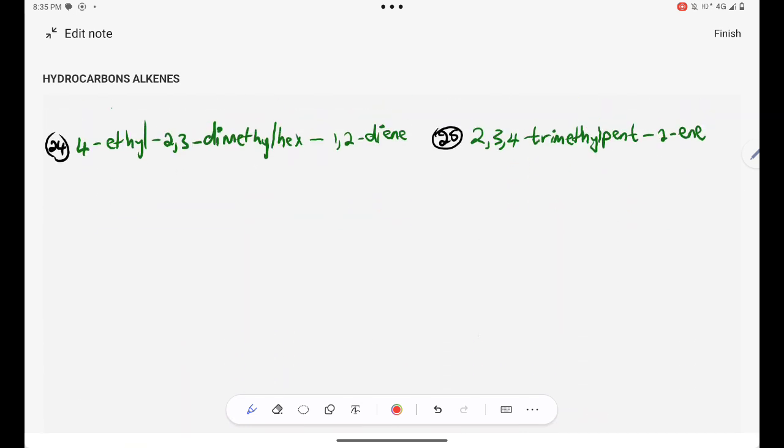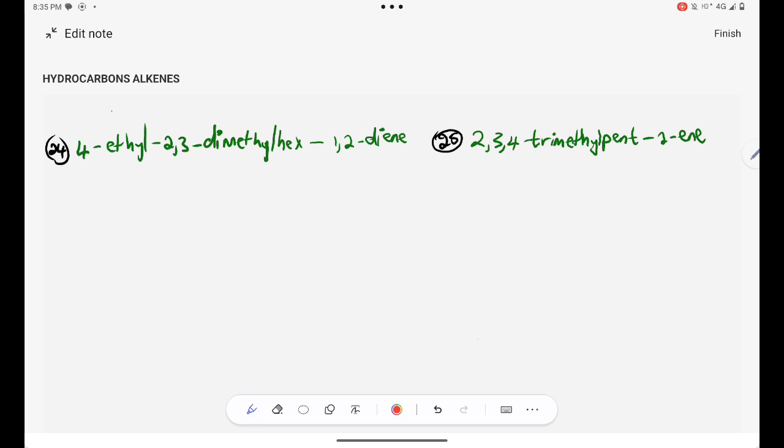Okay. And then for the last 2, the parent chain has 6 carbons. That's 1, 2, 3, 4, 5, and 6. And then I have double bond between carbon 1 and 2, as well as 2 and 3.